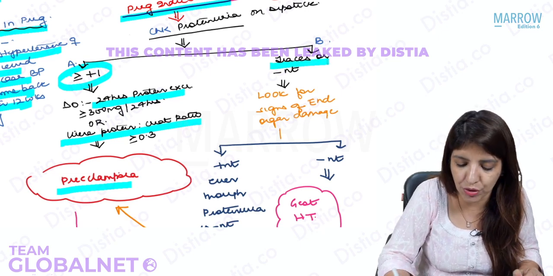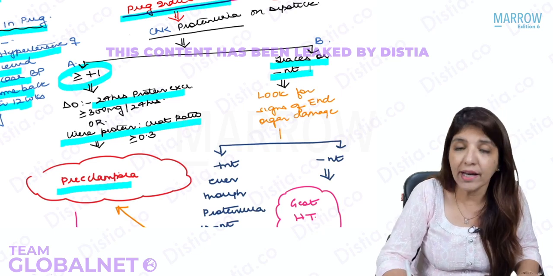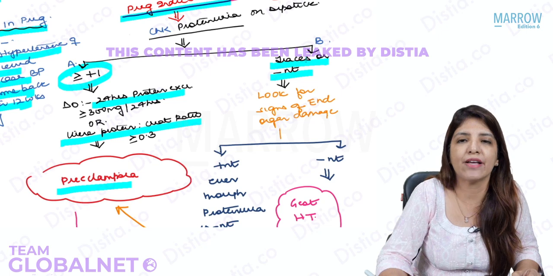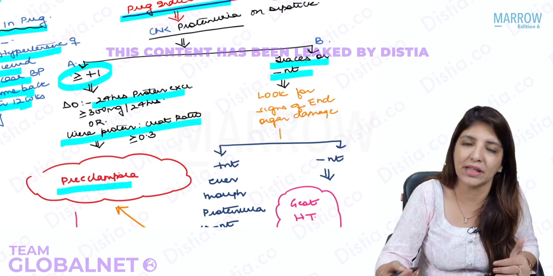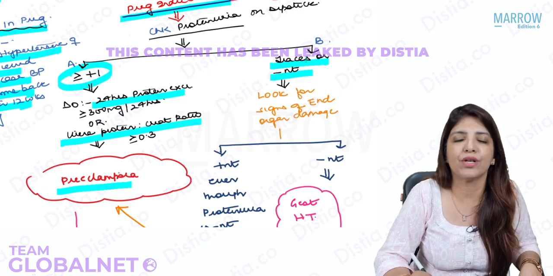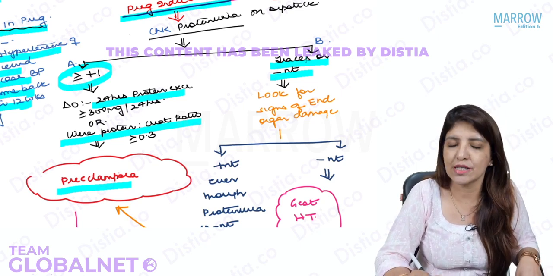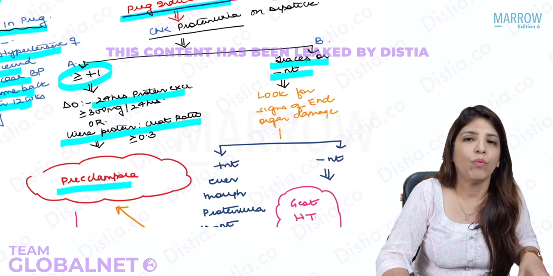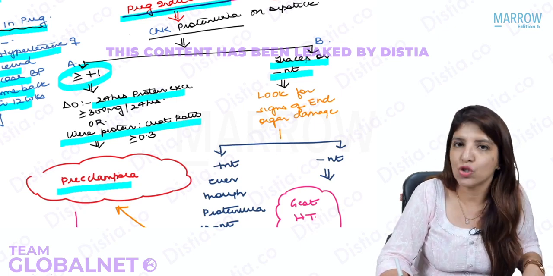traces or proteinuria is absent, then in that case, I'm going to do investigations to look at the signs of end organ damage. What are the signs of end organ damage? I'll tell you shortly. So after proteinuria comes out to be negative or in traces, I am going to do all the blood tests to see whether end organ damage has happened or not.